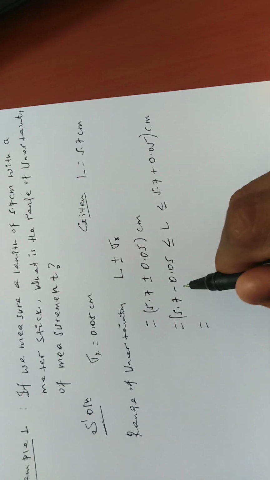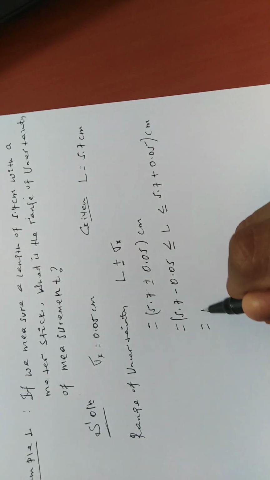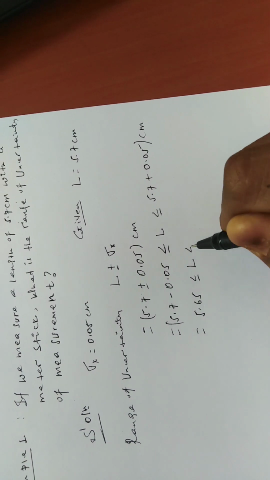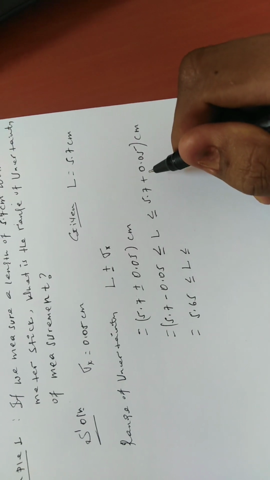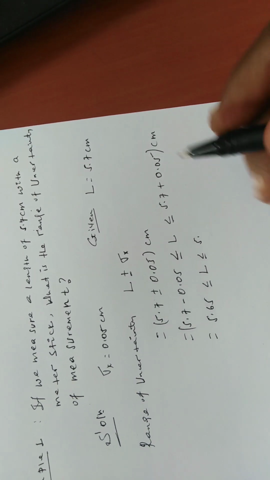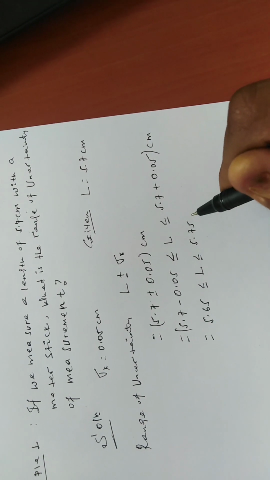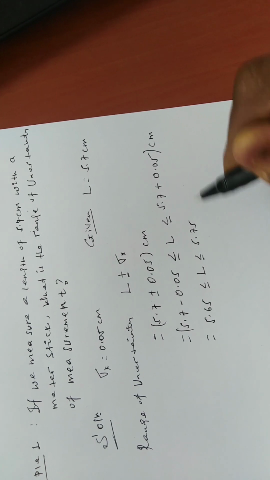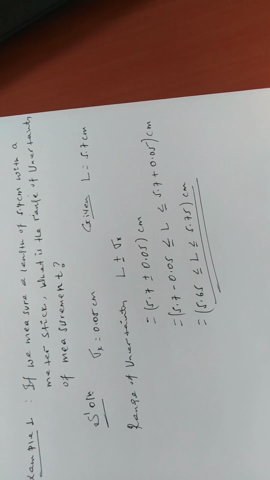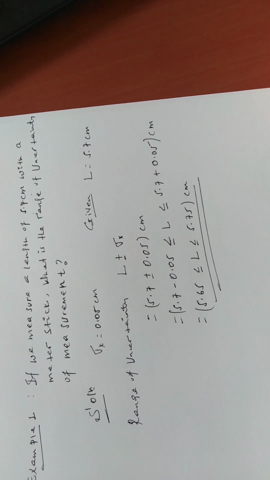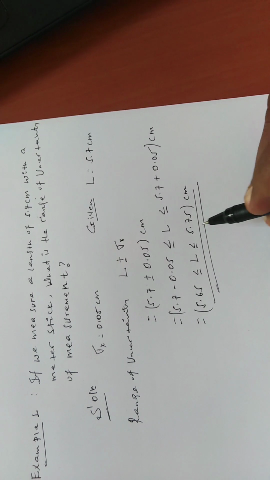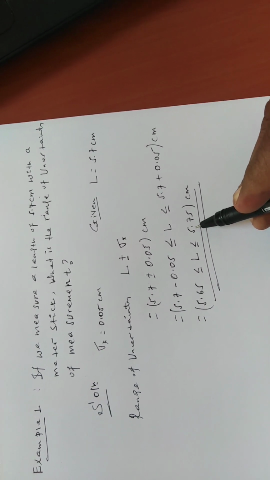So 5.7 minus 0.05 is 5.65, less than or equal to length, less than or equal to 5.7 plus 0.05, which is 5.75 in centimeters. So the range of uncertainty is: the minimum is 5.65, the maximum is 5.75 centimeter.